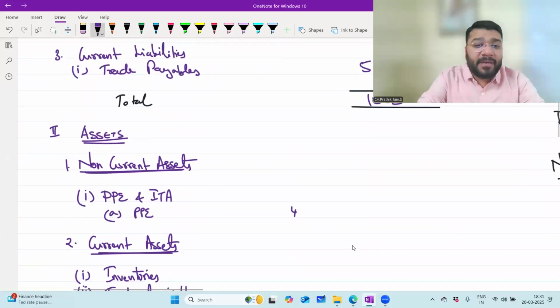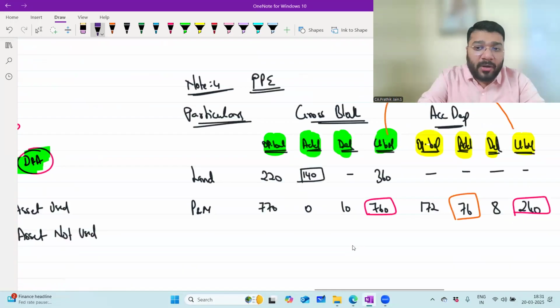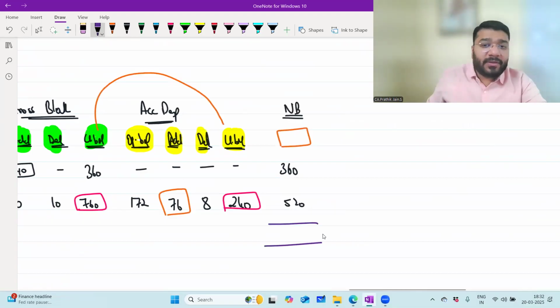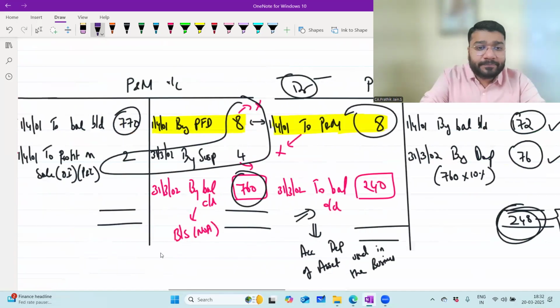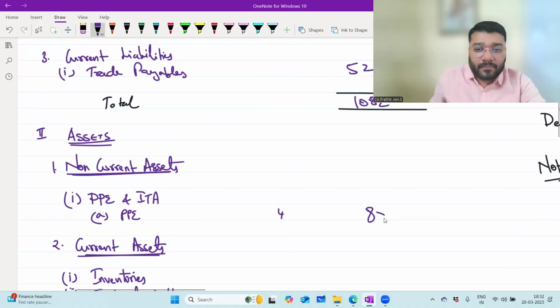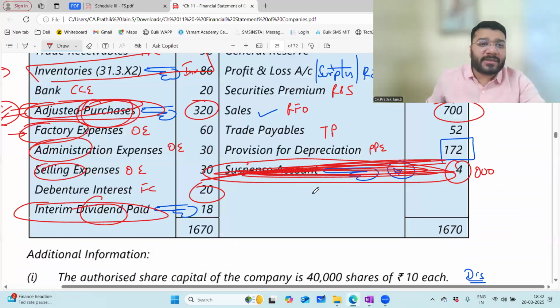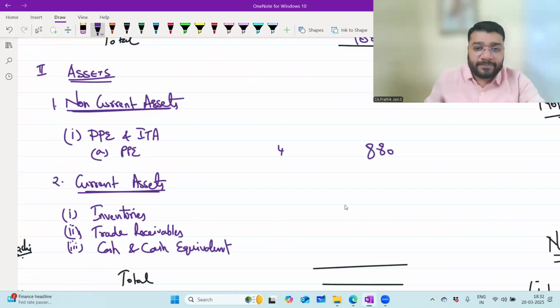Coming to PPE, please tell me what net block is saying? Net block is having a balance of 360 plus 520. How much? 880 is the total. Inventory is only one item. Directly you can record. How much is it? 86.